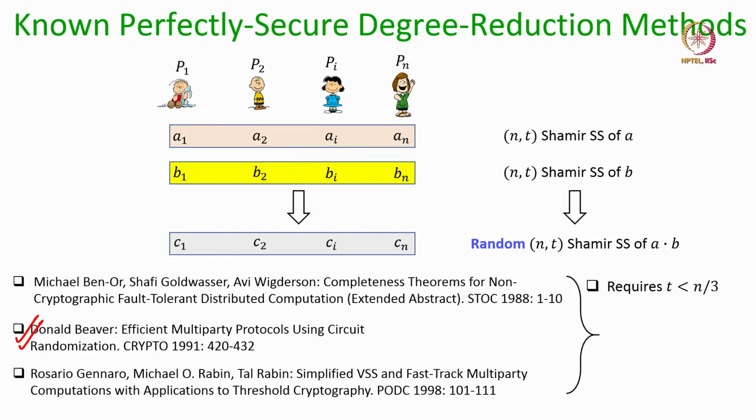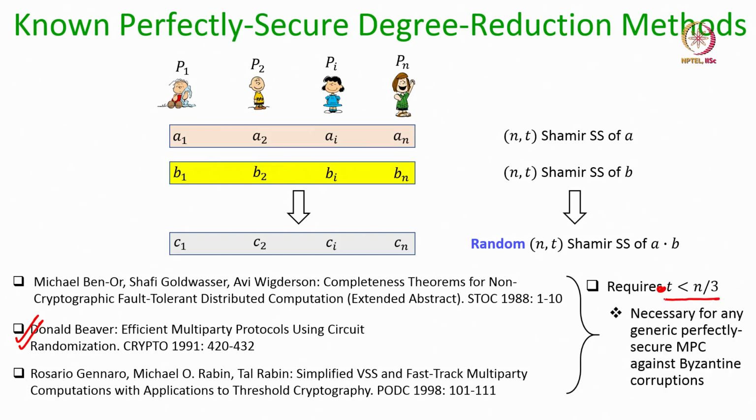All these degree reduction methods require the condition t less than n over 3, and this condition is necessary for any generic perfectly secure MPC protocol tolerating up to t Byzantine corruptions. In one of the earlier lectures I had said that this is the optimal resilience for any generic perfectly secure MPC protocol against Byzantine corruptions, because there are certain functions which we cannot securely compute with perfect security if this necessary condition is not satisfied.